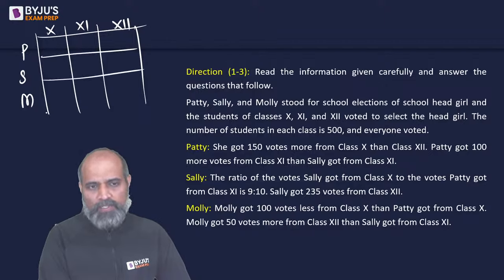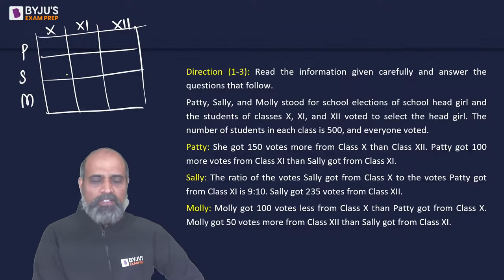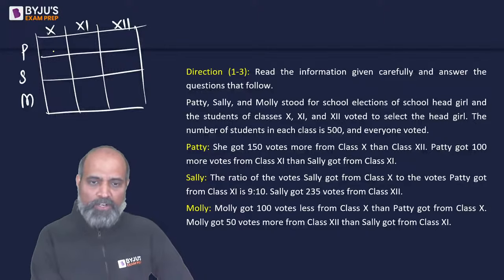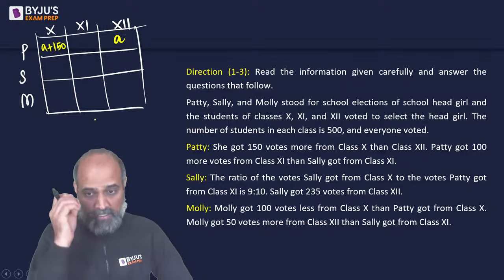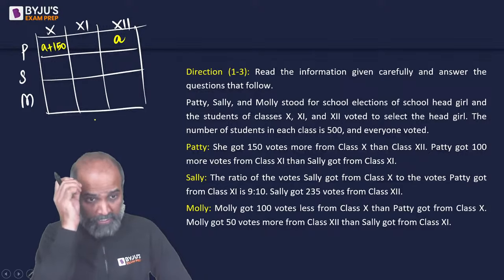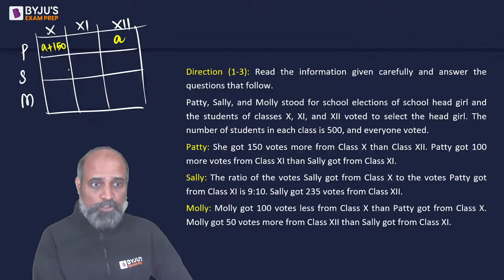Let's try this once again. Patty got 150 more votes from class 10 than class 12, so this is A plus 150. Patty got 100 more votes from class 11th than Sally got from class 11, so this is B and this is B plus 100.